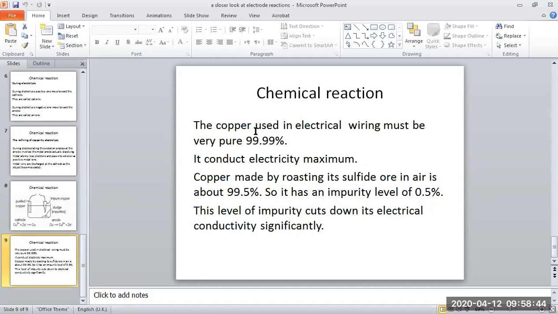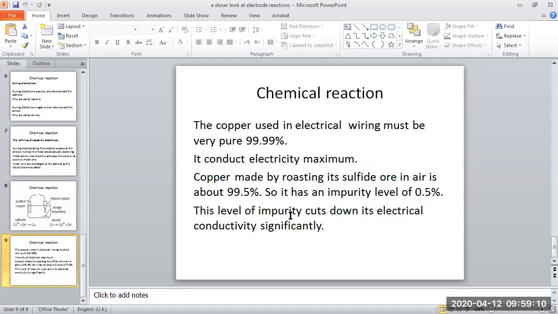The copper used in electrical wiring must be very pure, 99.99%, for maximum conductivity. The copper made by roasting its sulfide ore in air is about 99.5%, so it has an impurity level of 0.5%.